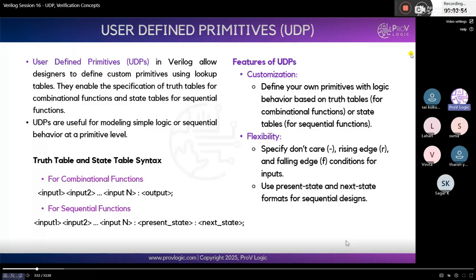First of all, UDP, user defined primitive. In Verilog, it allows designers to define custom primitives using lookup tables. Lookup tables are nothing but truth tables. They enable the specification of a truth table for combinational functions and a state table for sequential ones.